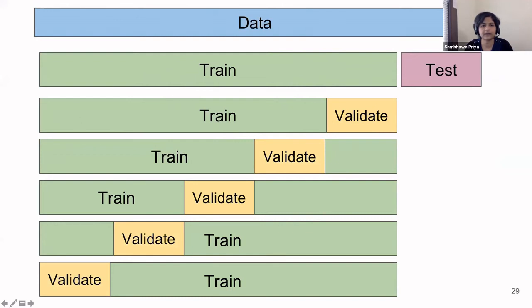You fix a value for the tuning hyperparameter, fit the model on the training set, test on the validation set, and get a performance metric for that hyperparameter. Then you repeat this k times, such that each split of the training data has been used for validation at some point, as you can see in this schematic. Then you average the metric across those k iterations, and that gives you the cross validation score.